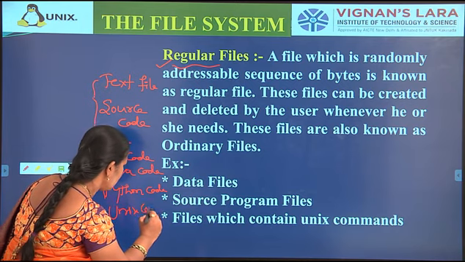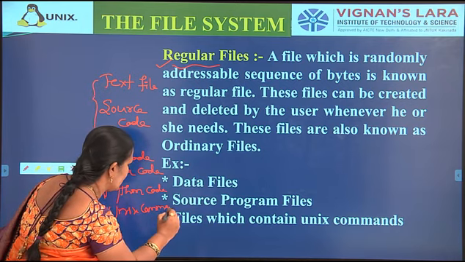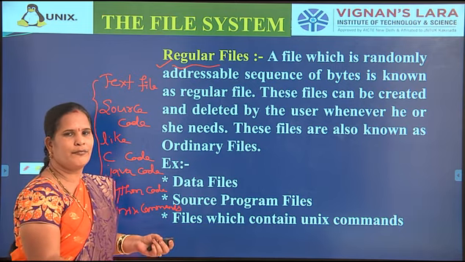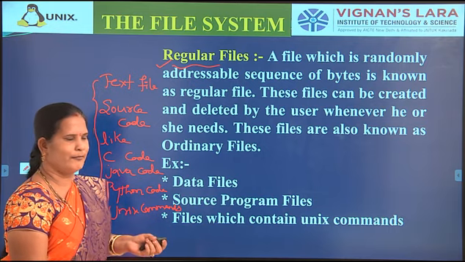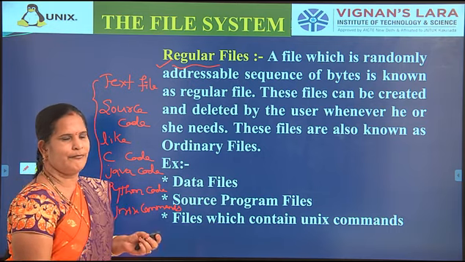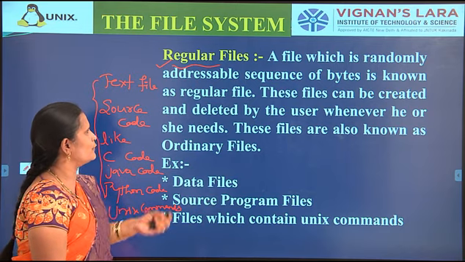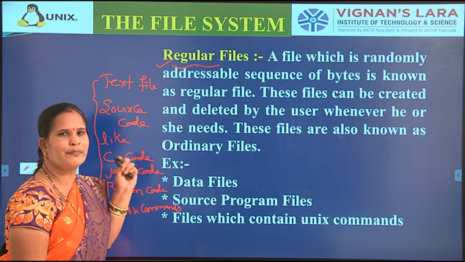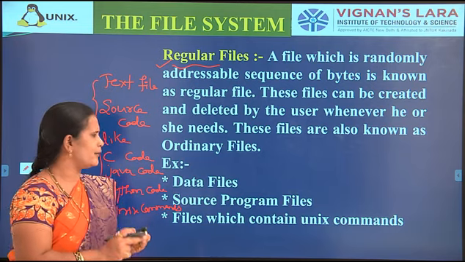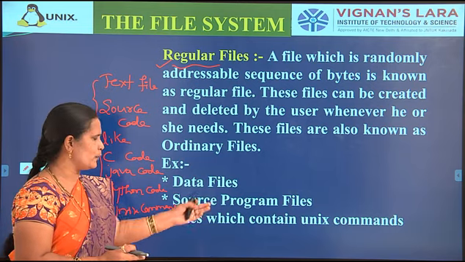Unix treats everything as a file. It also treats each and every hardware device, every hardware component, as a file. Regular files are also known as ordinary files. A regular file contains either text or code. Code means a program.